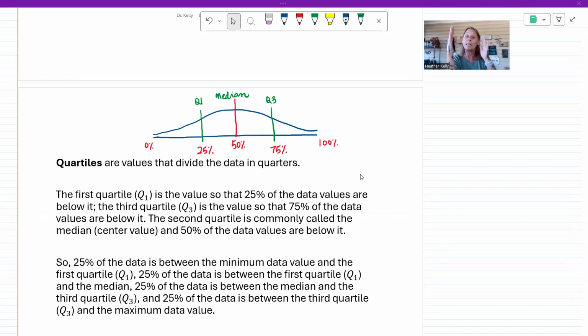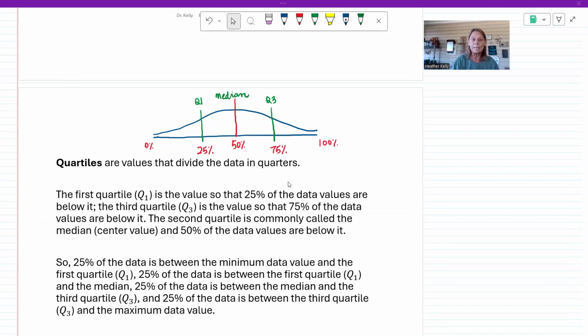We call that the median, okay? The middle, right? And then as you see over here, when we hit 75%, that is quartile 3 or Q3. That's 75% of the data. And then if every bit of this was colored in all the way to the ends, that would represent 100% of the data. Okay.